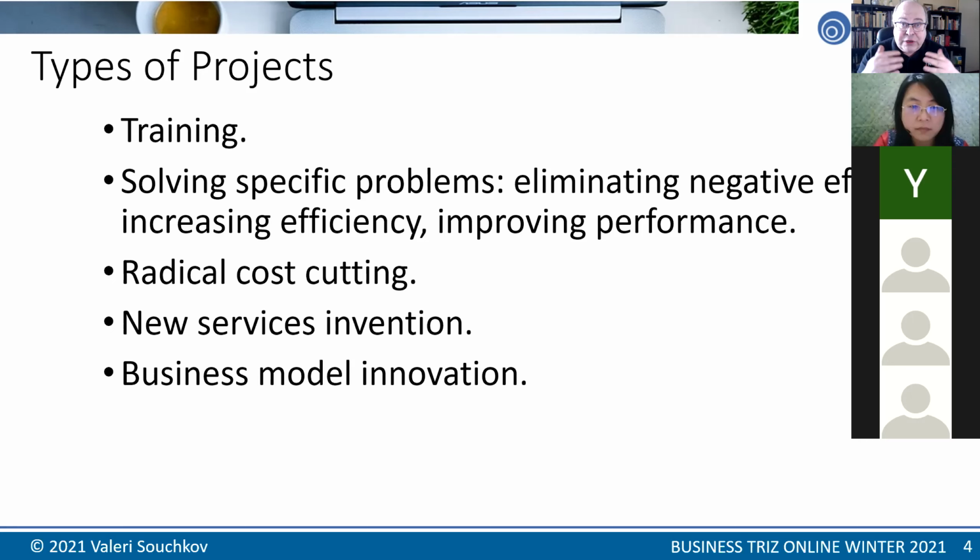So now you have to invent your solution. That's why we call these problems innovative. The next type of project is about radical cost cutting. Another type of project is the invention of new services, because services are business products. And finally, business model innovation, which primarily leads to disruptive innovations.